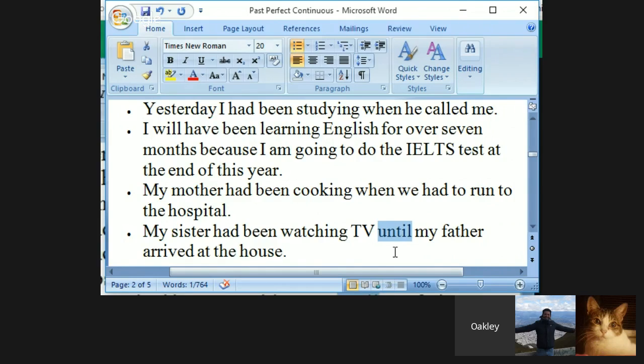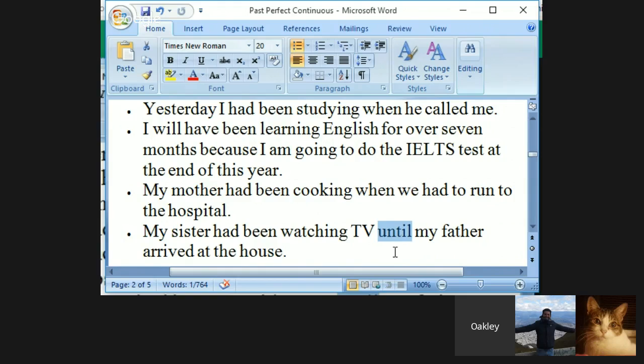Well, I guess it's okay, but it's not really necessary. Again, I would just use a simple tense here. My sister watched TV until my father arrived at the house.